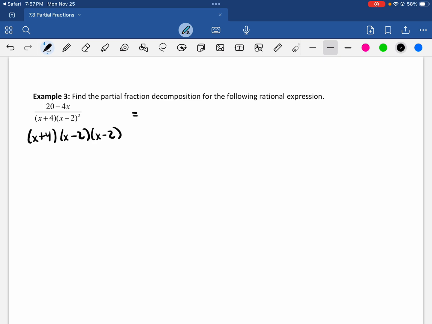So those 3 different things are going to be an A over that first denominator, x plus 4, plus a B over just one of those single terms of x minus 2, plus C over the fact that that x minus 2 is squared.